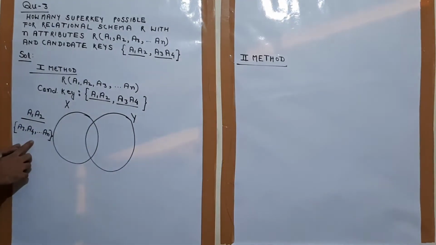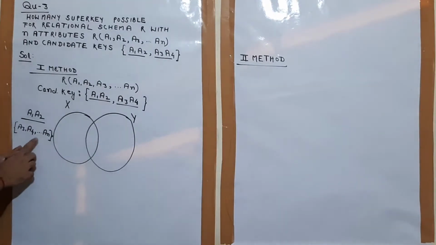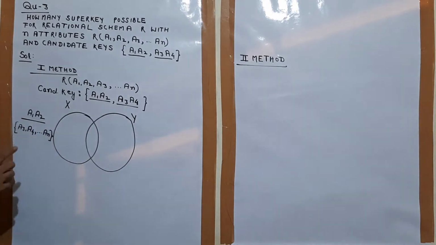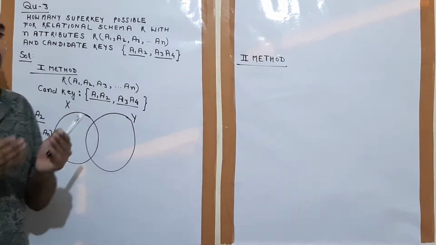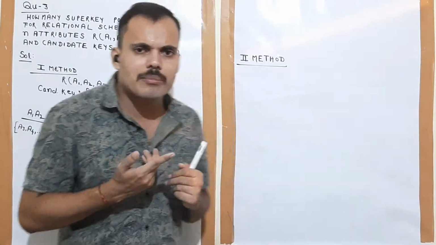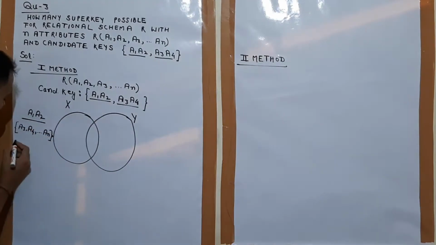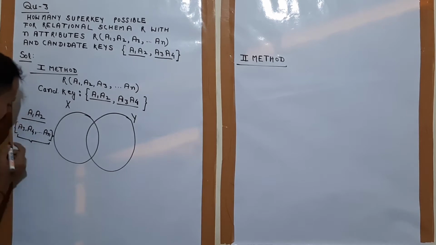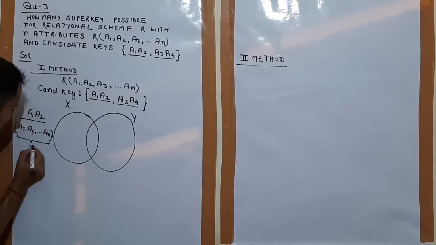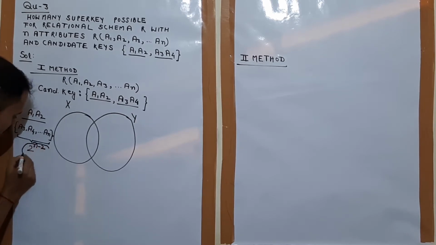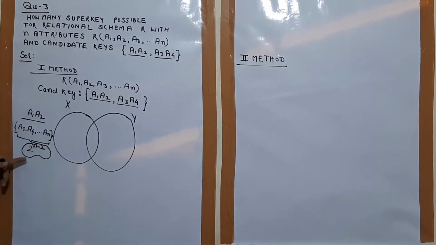This set contains n minus 2 elements, A3 to An. How many subsets are possible of a set containing n minus 2 elements? It is 2 to the power n minus 2. Understood?